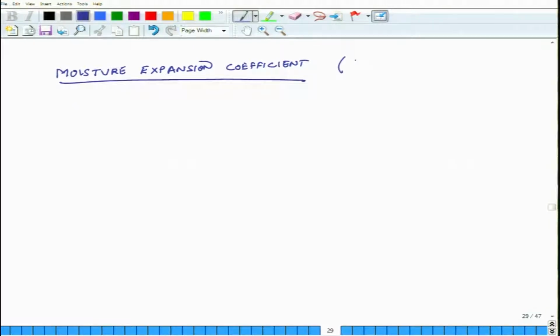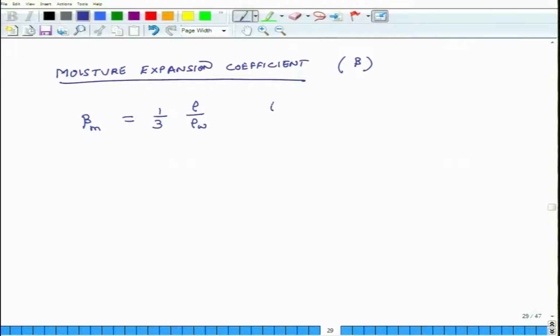This is designated by beta. So, for the matrix, beta m is equal to 1/3 of rho divided by rho water.